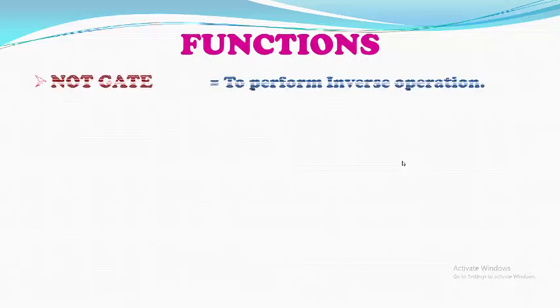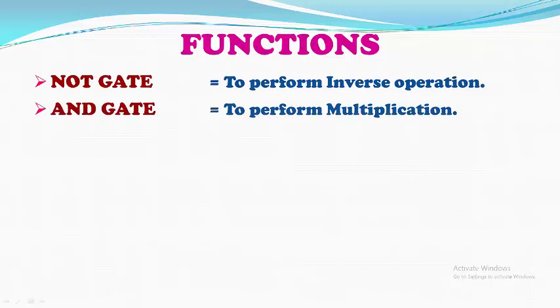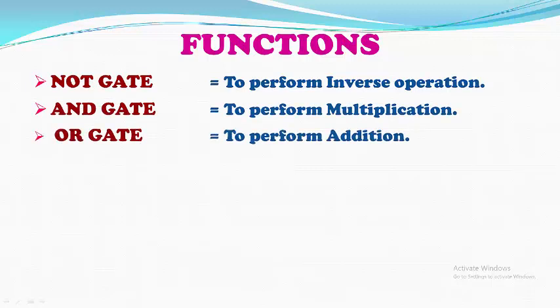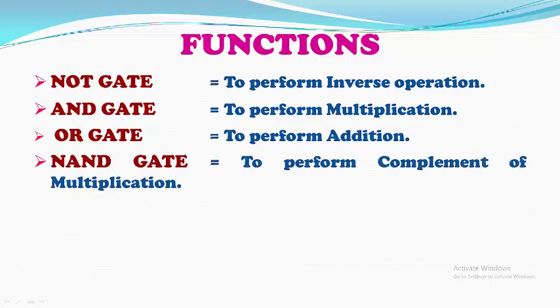Now we will see the functions of the logic gates. This first NOT gate is used to perform the inverse operation. After that, second AND gate is used to perform the multiplication operation. Third OR gate is used to perform the addition. NAND gate, which is derived from this basic AND gate, is used to perform the complement of multiplication.